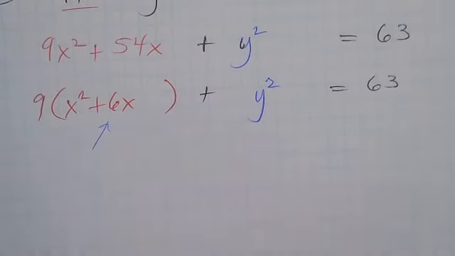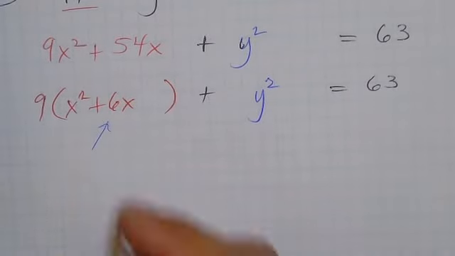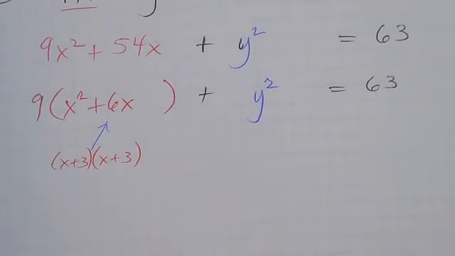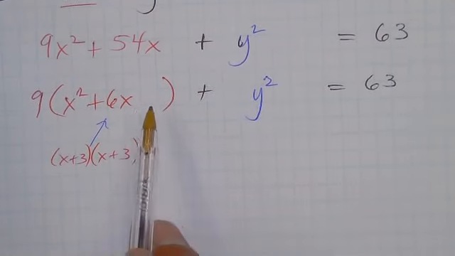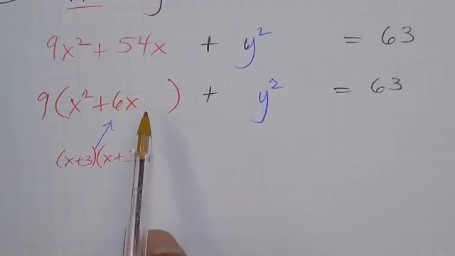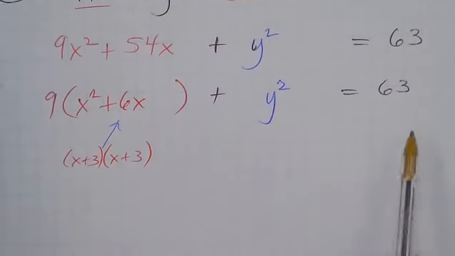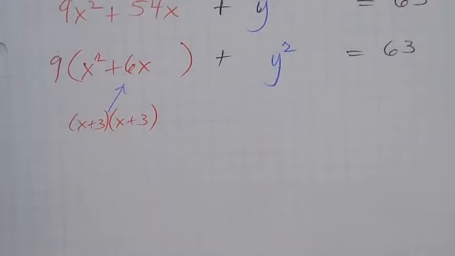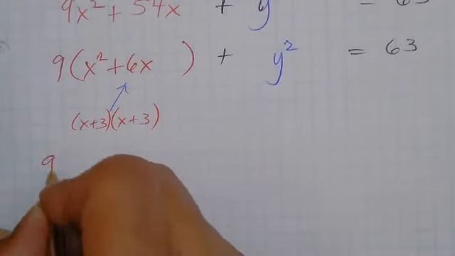And now, how do I complete the square? I got to put a number here. I got to look at that and find out what is half of that. Well, everybody agree? Nothing new there. We've done that. Okay, now I need a number here to make this a perfect square. What am I going to add here?